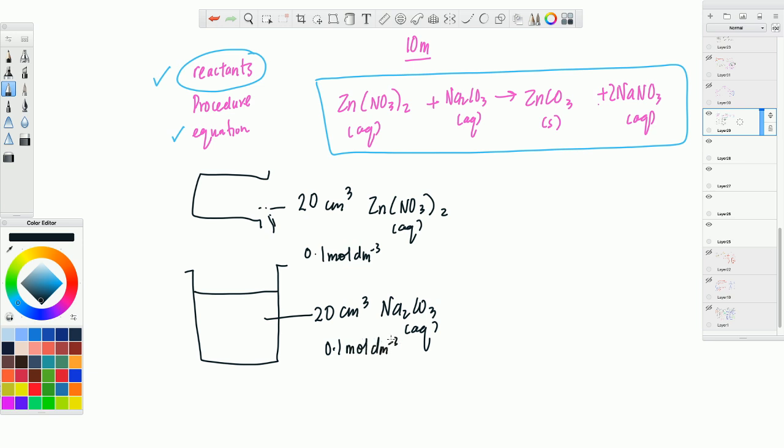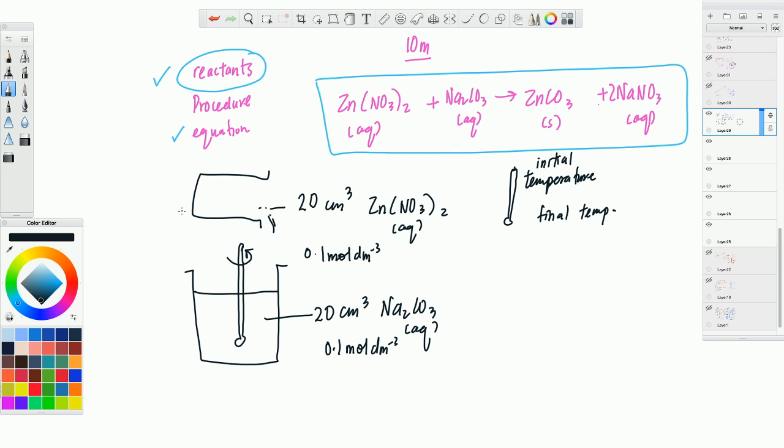Now, first of all, before you do the experiment, you need to measure the temperature of both solutions. You need to measure the initial temperature of both solutions, right? And then you must say you prepare this volume, this concentration, this volume, this concentration. And then you take a thermometer and stir, and then you measure what is the increase in temperature.